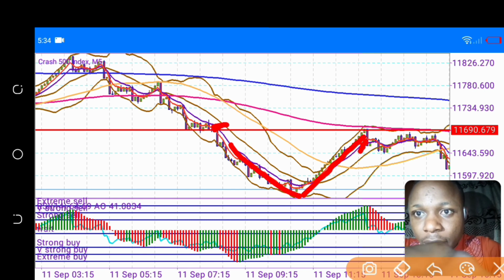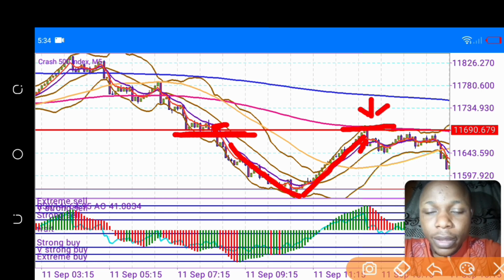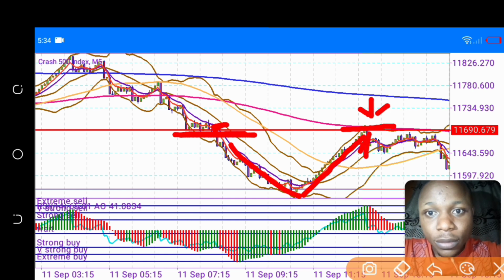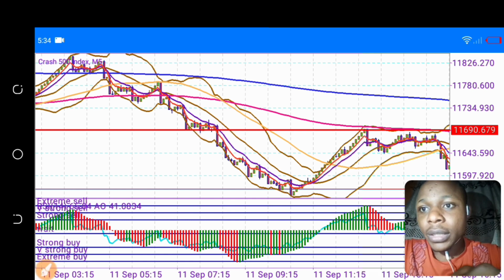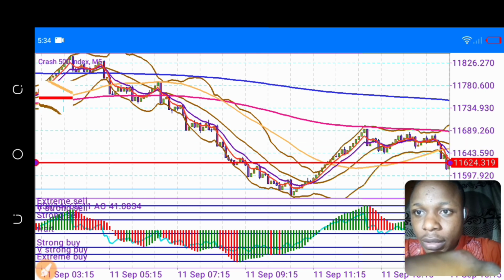If you have left that line, if you didn't delete this support line, see it turning to resistance here. Do you see it? Support line turning to resistance over here. So if you enter a sell over here also, you are in good money. So let's see this one.